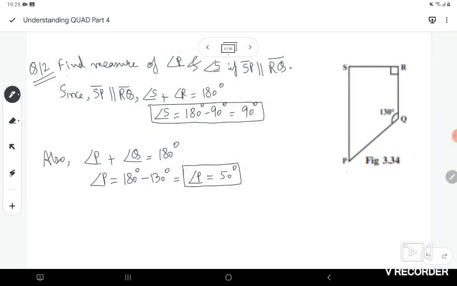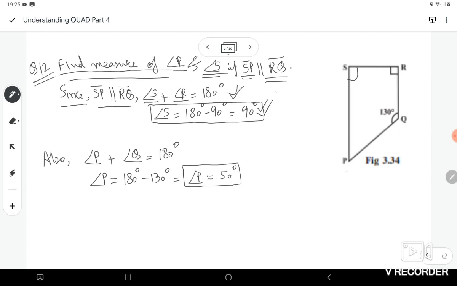Now moving on to the next question. It says find the measure of angle P and angle S if SP is parallel to QR. So since SP is parallel to QR, angle S plus angle R would be equal to 180 degrees, because given parallel lines, all adjacent angles would be supplementary, that is equal to 180 degrees.